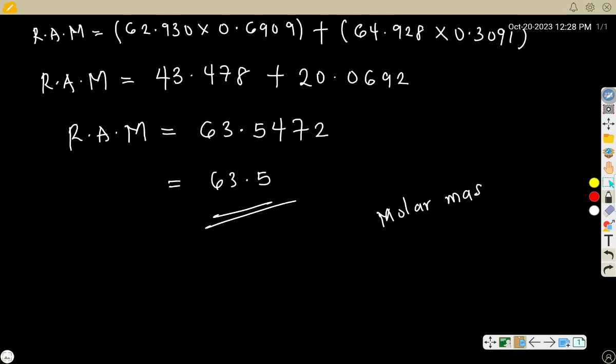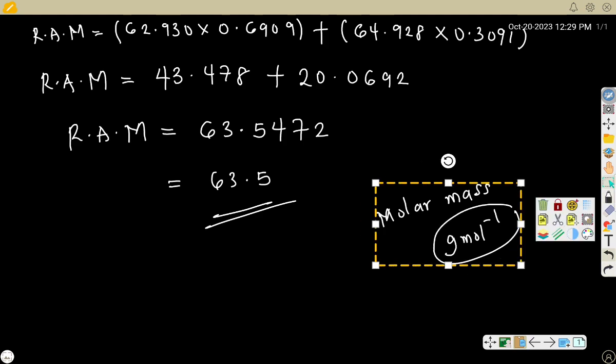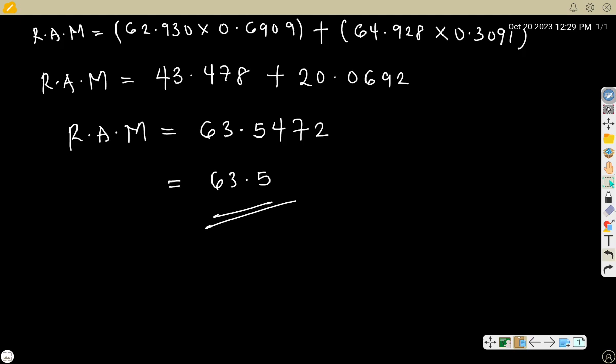Molar mass is the relative atomic mass in gram per mole.